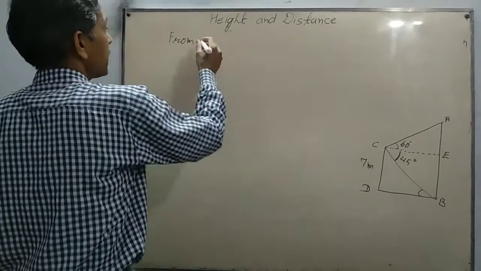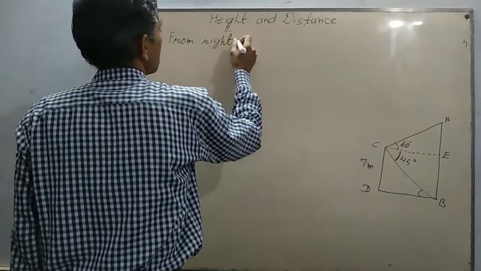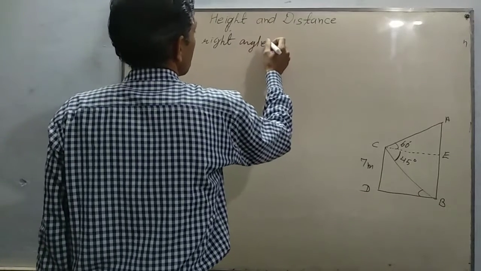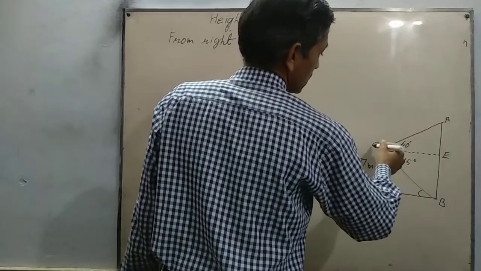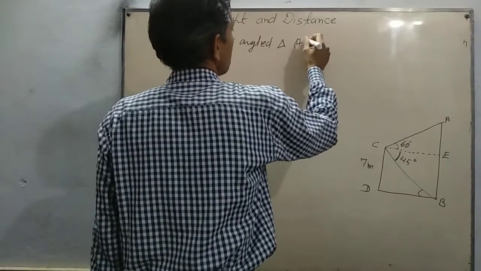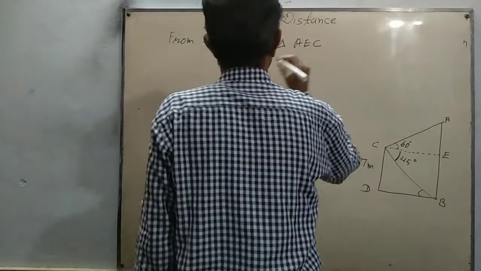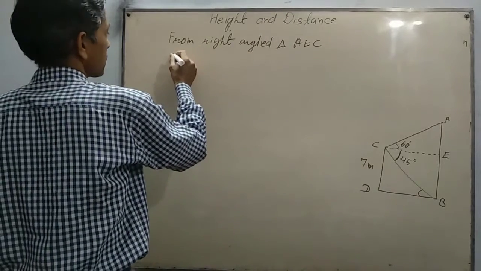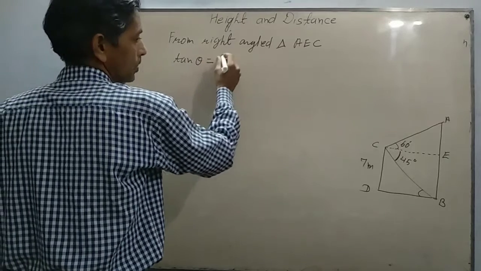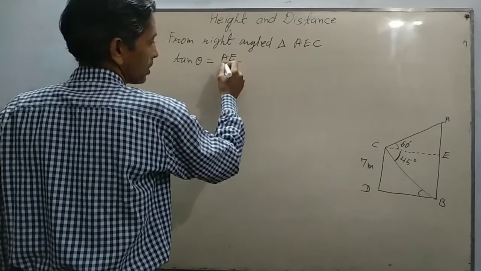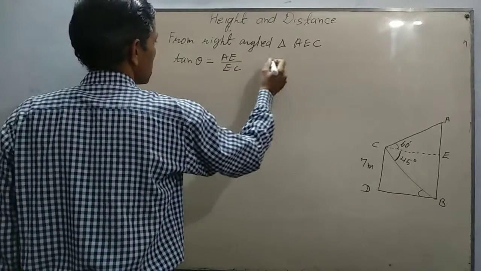From right angle triangle AEC, tan theta is equal to AE upon EC. Theta is equal to 60 degree.